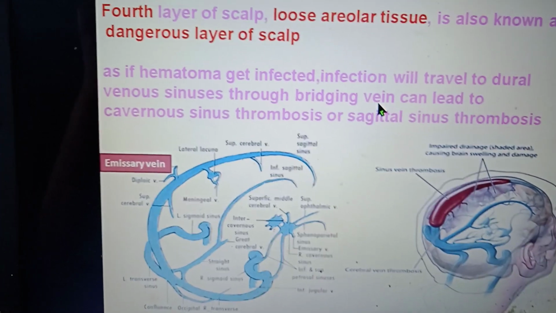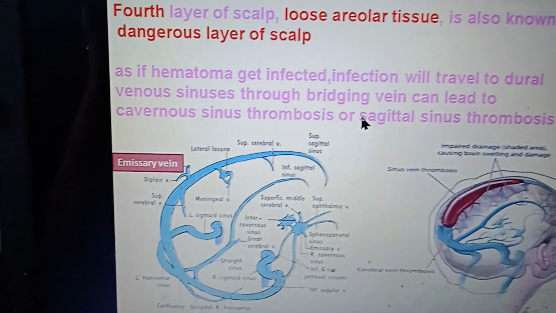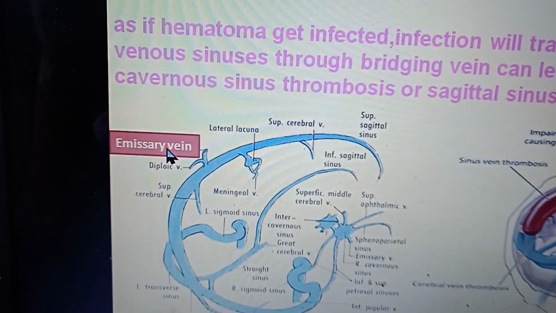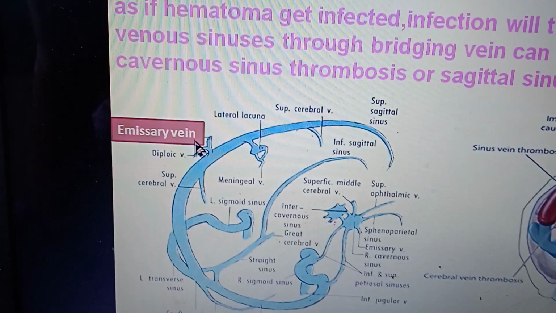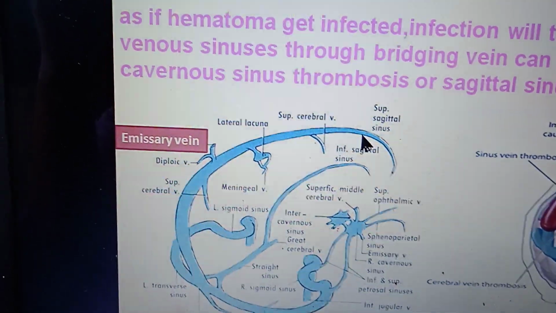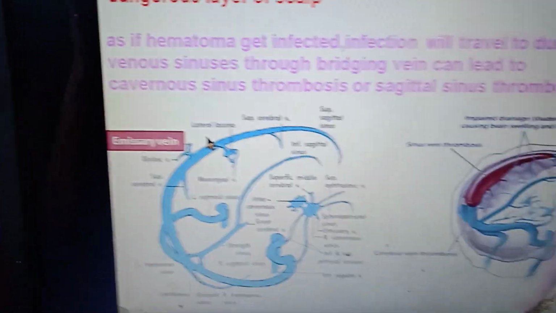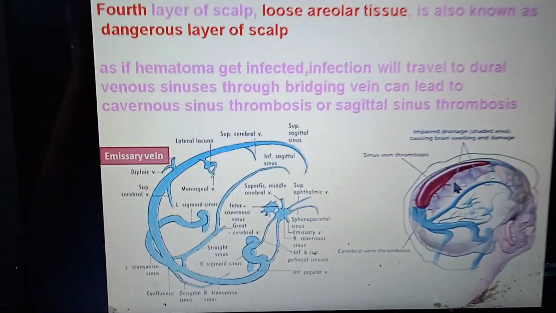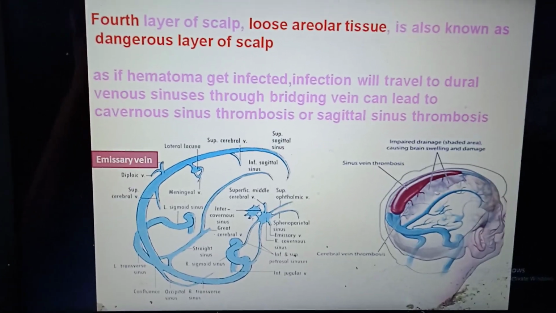Here we can see the emissary vein through which the superior sagittal sinus is connected to the scalp. The scalp is drained by the emissary vein to the superior sagittal sinus. So this is the pathway of travelling infection, and what we are seeing here is sinus venous thrombosis. So the fourth layer is also known as the dangerous layer of the scalp.